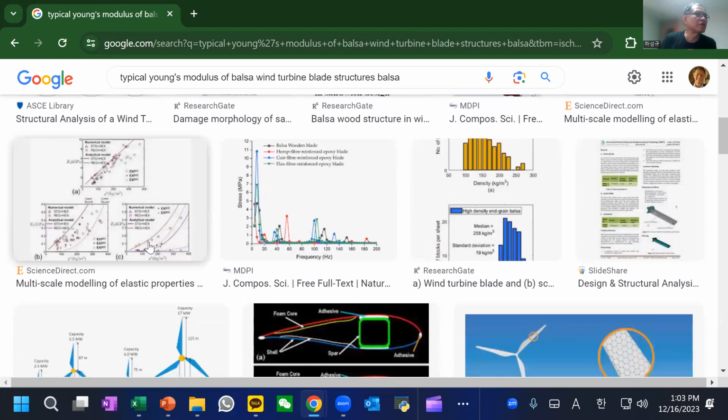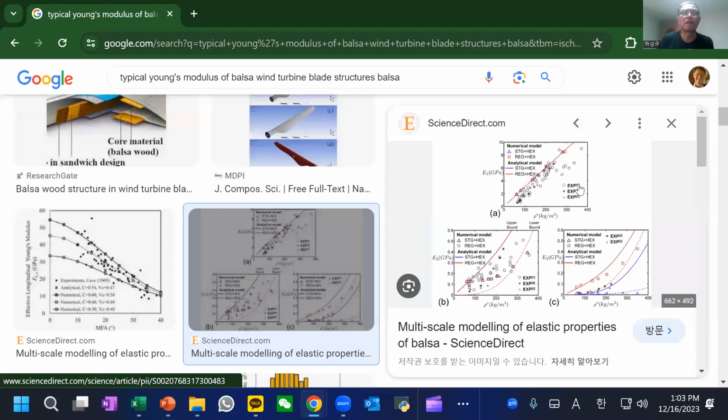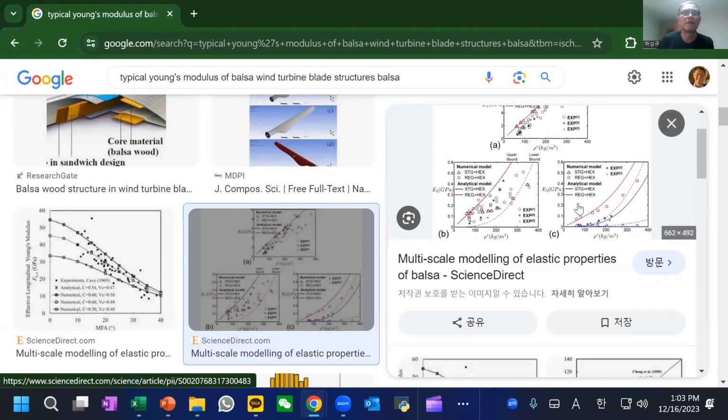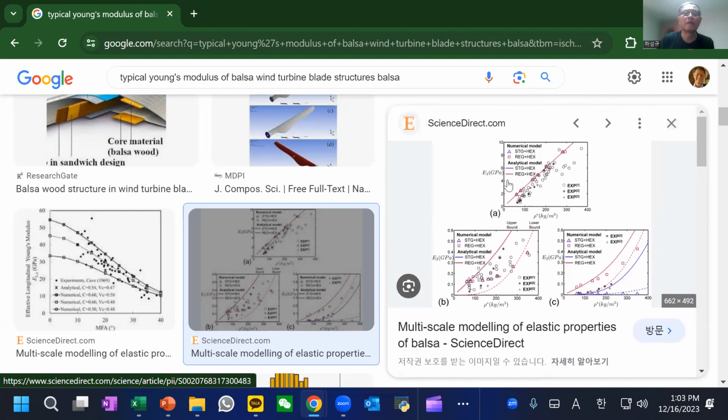Just like to show you a real material property. Okay, this can be good data.